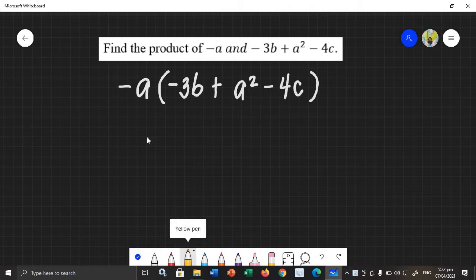And then, using the distributive property of multiplication, i-distribute natin si negative a to each term inside the parentheses.